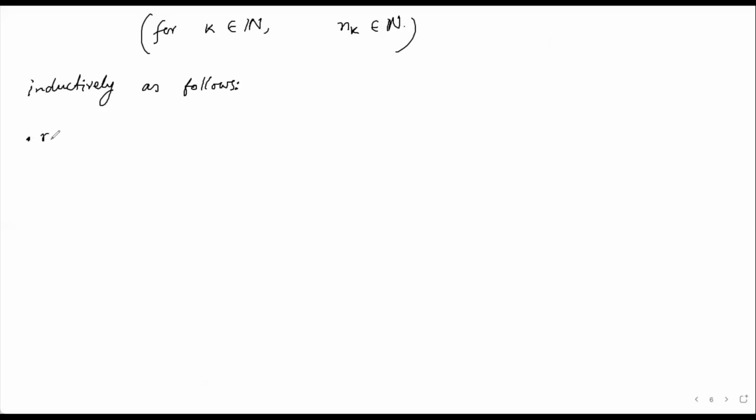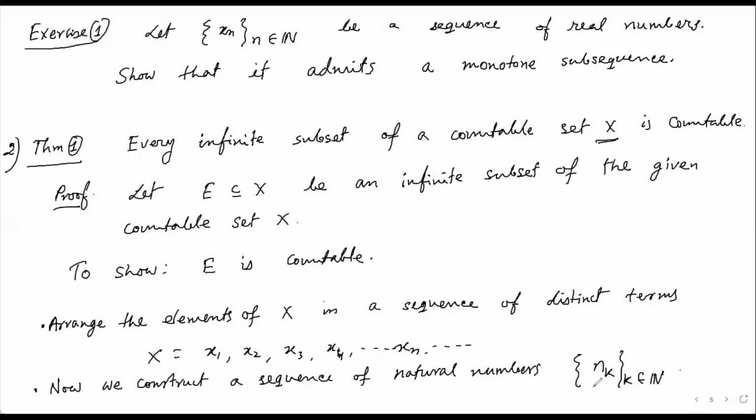So what is n1? This sequence is like n1, n2, n3 and so on. So this is n1 the first term, n2 the second term, n3 the third term, and so on.